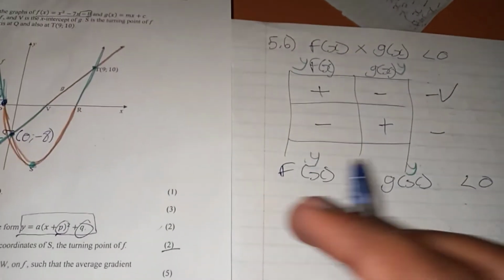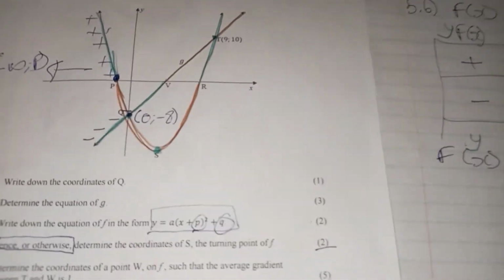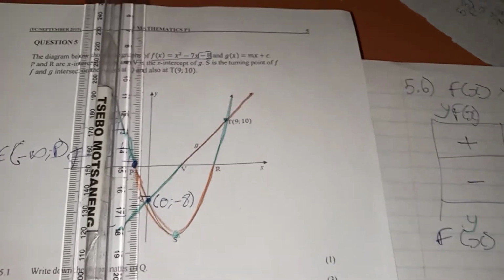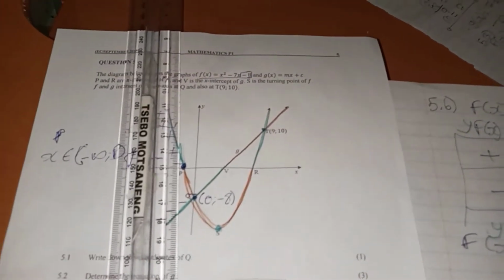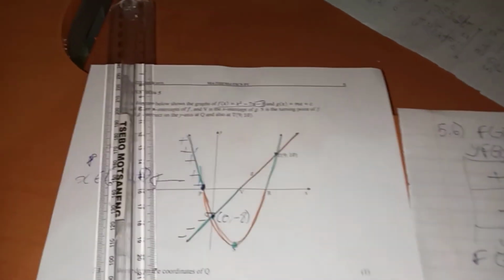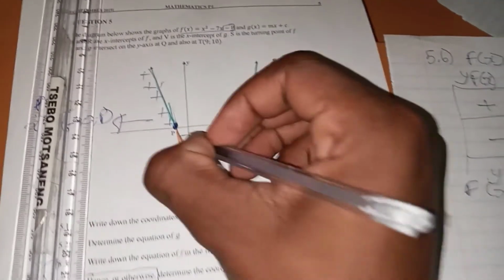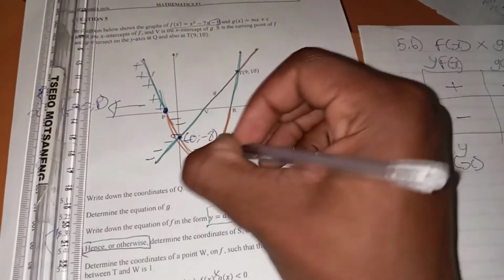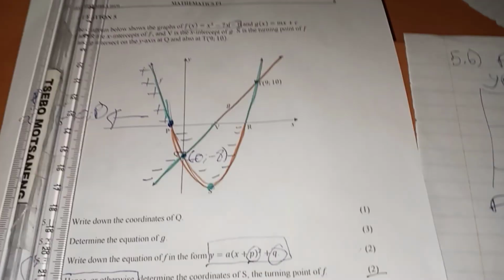Let's look for the next condition, whereby I have negative values of f, which I must pair with positive y values of g, right? I'll use a different color to show. So what I have from here now, I have my f to be negative everywhere from P until R, my f is negative, right?